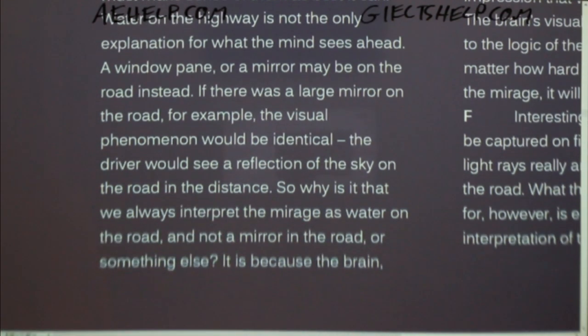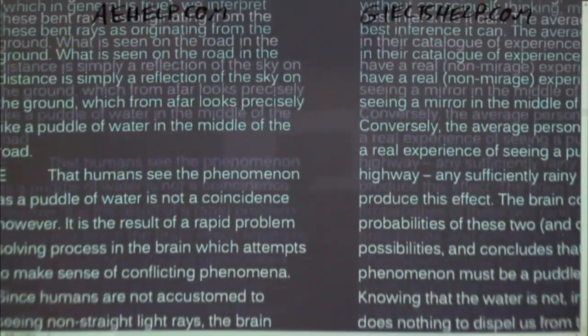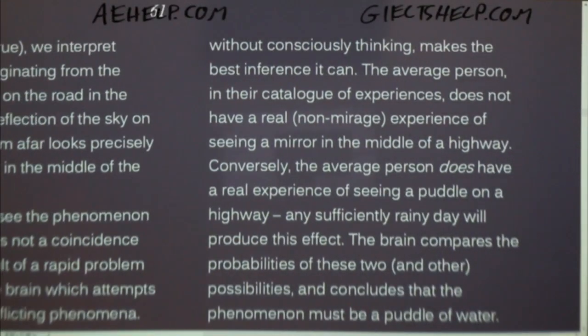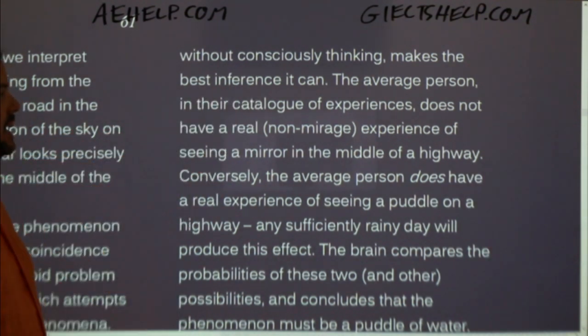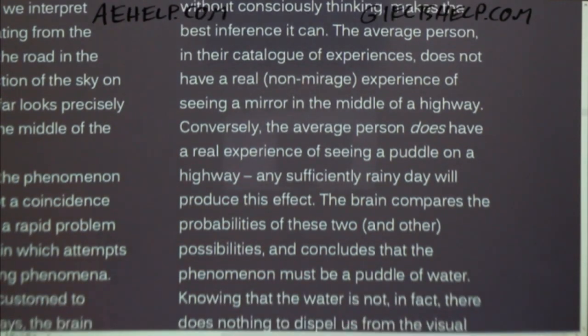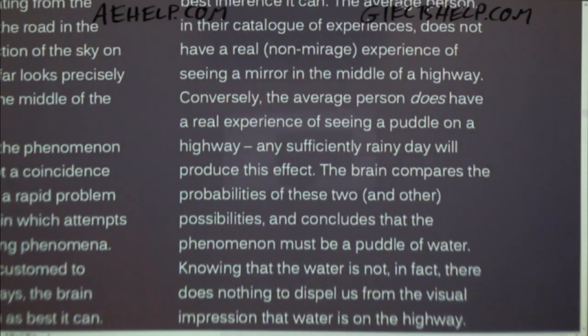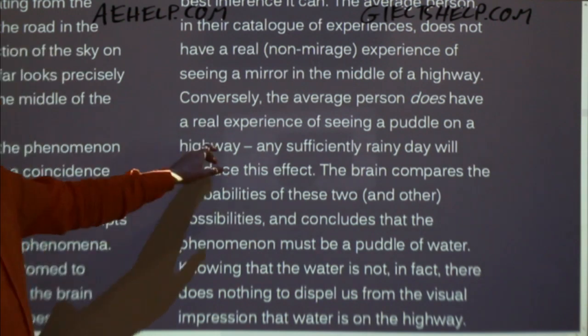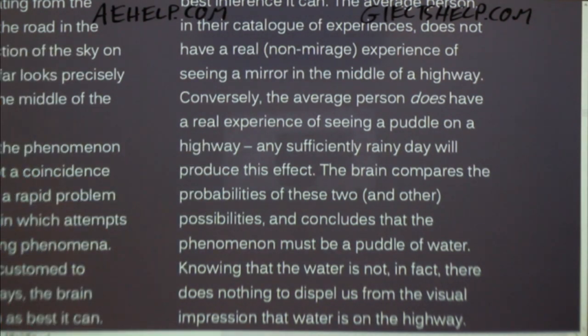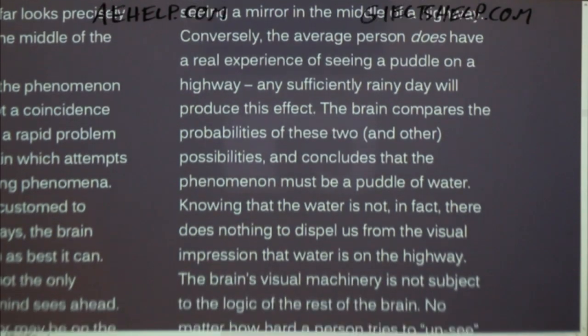It is because the brain, without consciously thinking, makes the best inference it can. The average person in their catalog of experiences does not have a real non-mirage experience of seeing a mirror in the middle of the highway. Conversely, the average person does have a real experience of seeing a puddle on the highway. Any sufficiently rainy day will produce this effect.